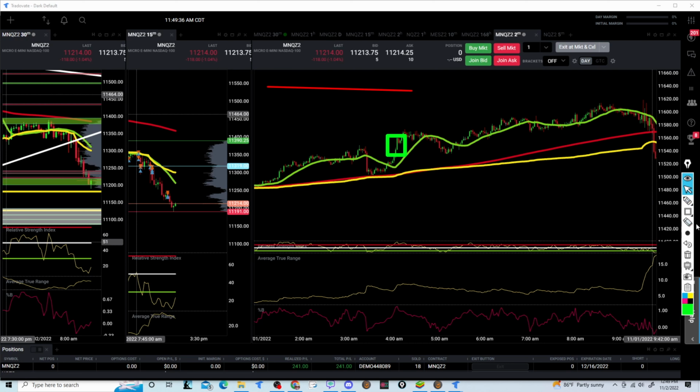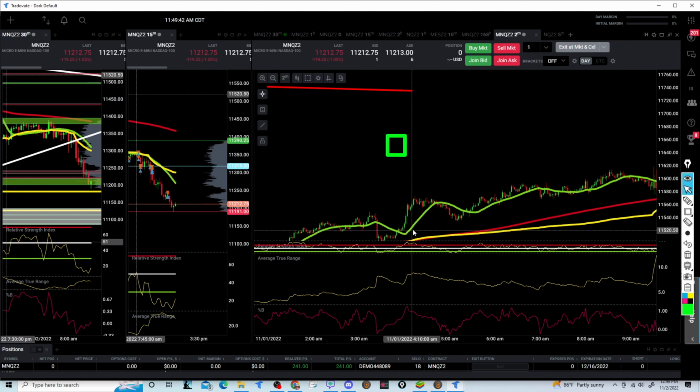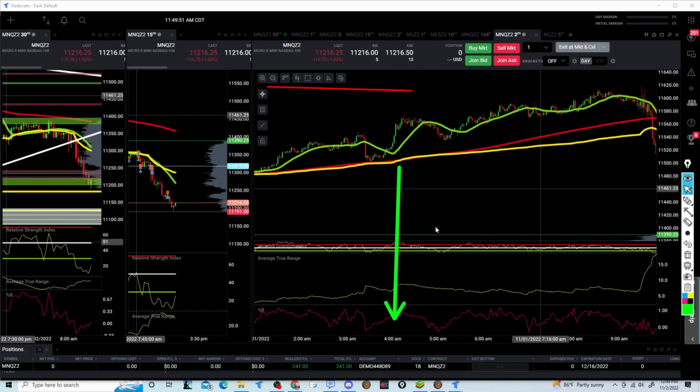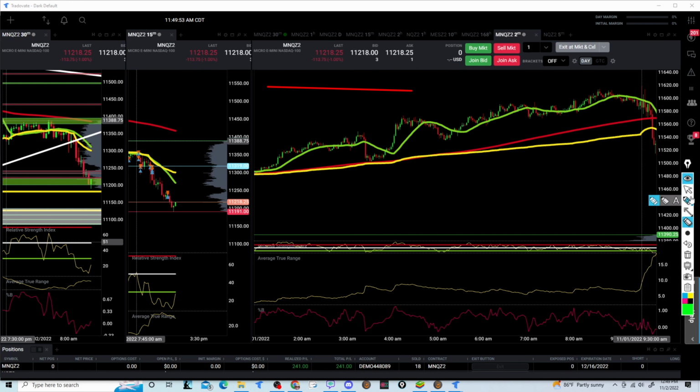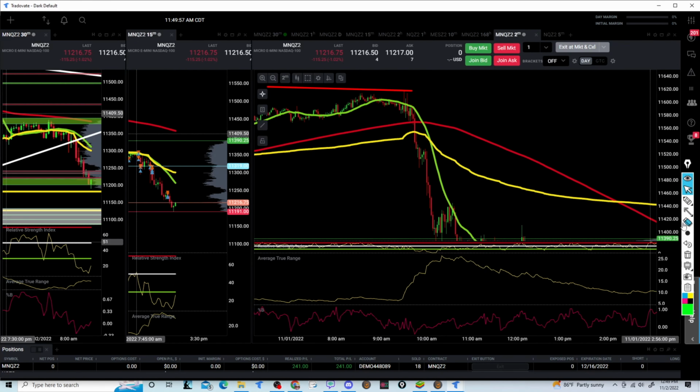That's price action. The other thing you want to look at is where you are in relation to time. What time is it that you're trading? That's going to play a huge role. The best time to trade this is at the opening bell.